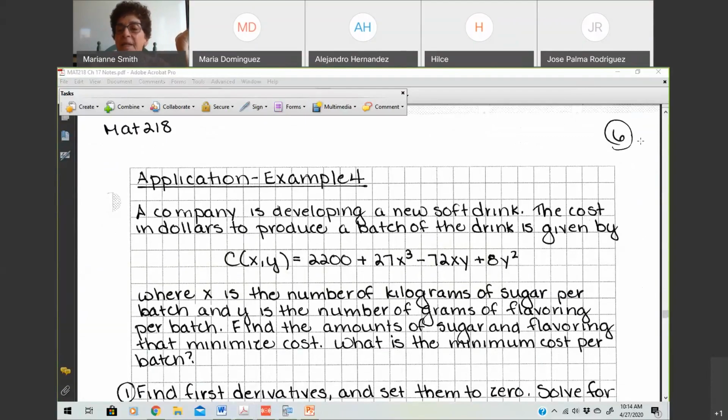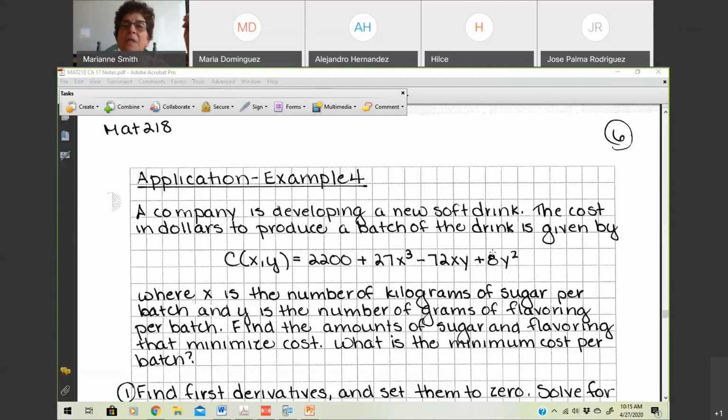Okay, so a company is developing a new soft drink. The cost in dollars to produce a batch of the drink, and we're not saying how much a batch is, is C of x, y, where x is the number of kilograms of sugar that go in the batch, and y is the number of grams of flavoring. Imagine you're making some sort of soda, a cola or whatever. It's sweet, so it's got lots of sugar in it.